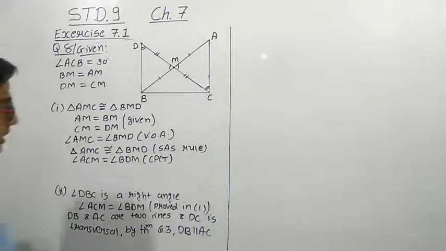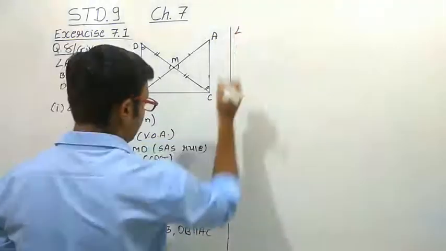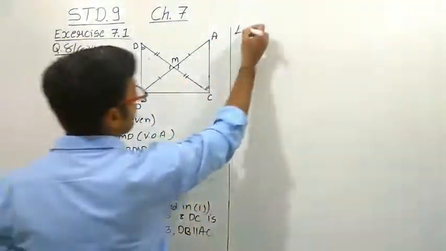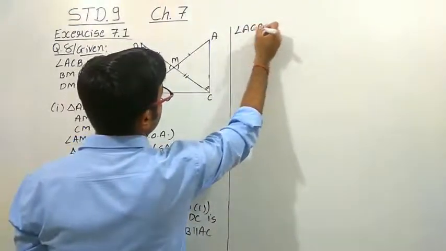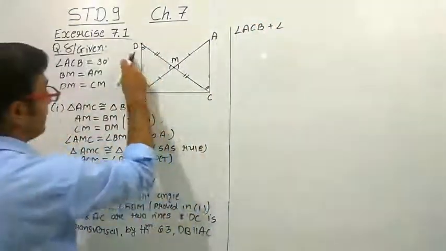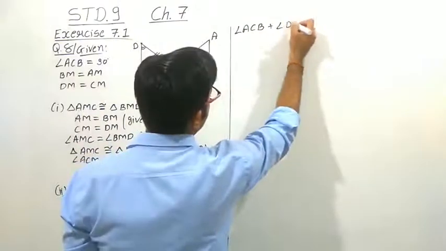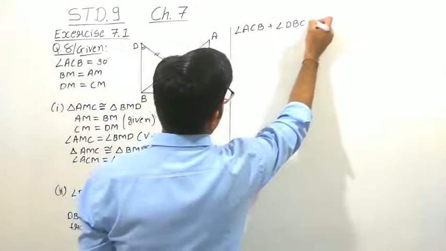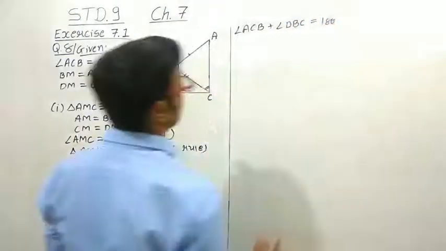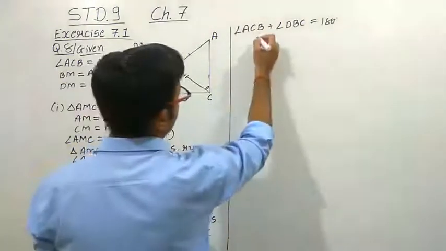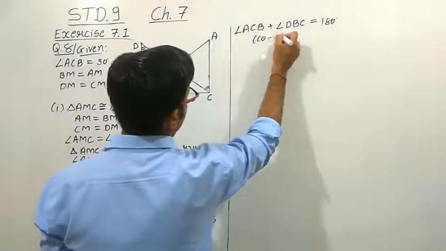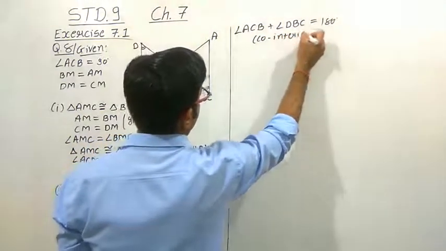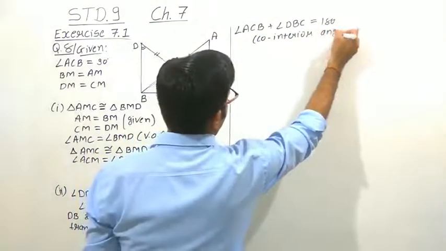Now we can write down that angle ACB plus angle DBC, the total will become equal to 180 degrees. What is the reason? The reason is co-interior angles, right?